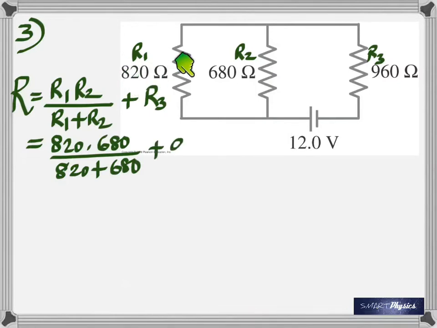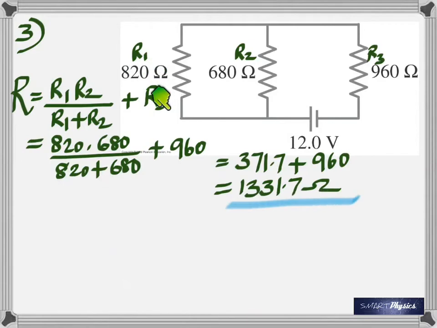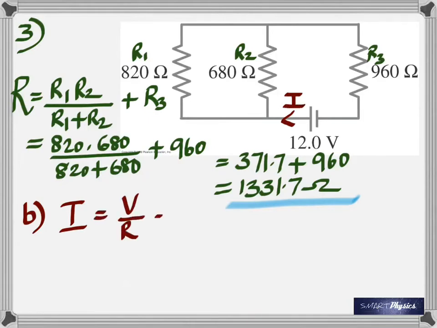Once you get that, because that total resistance is going to be in series with the 960, you just got to add it. So that's why I've added R3. So that is the total for the parallel combination, and then you add the R3 because it is in series with it. So that gives you the total resistance, and then to find the current, divide the voltage by the resistance.